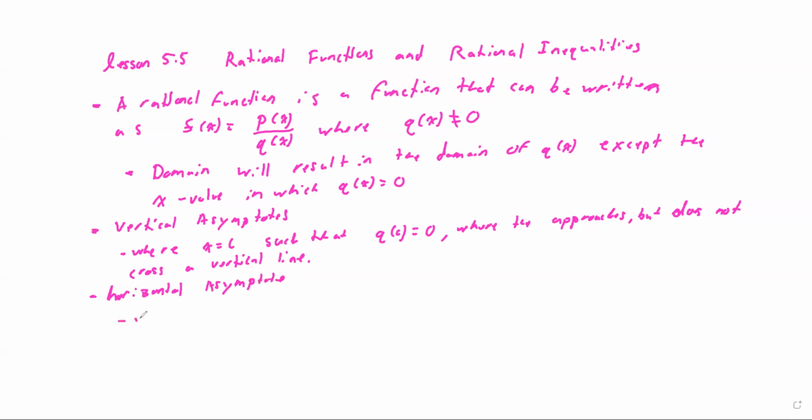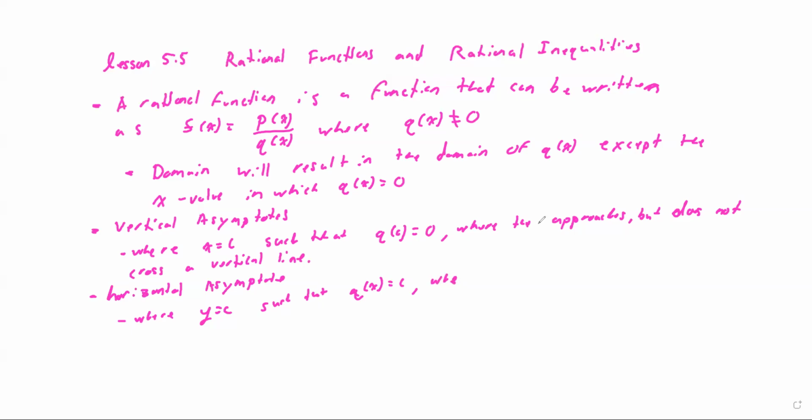This is where y equals c such that, shoot, what would that be? Such that q of x is equal to c. It's the same concept, basically an imaginary horizontal line that the function can't cross.